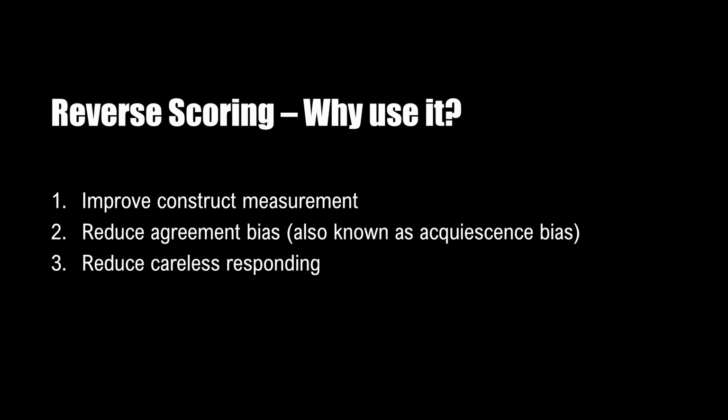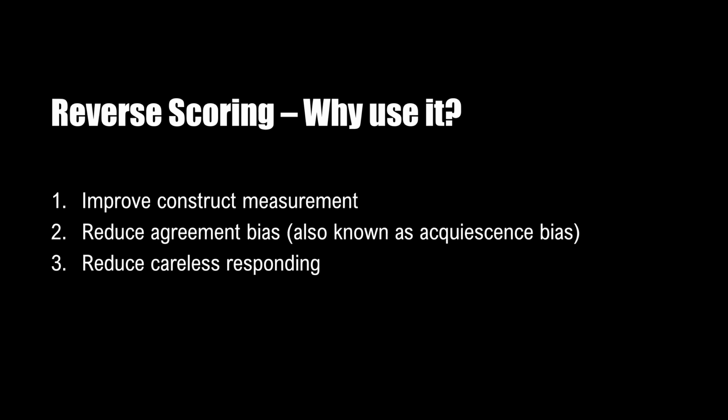It's also called the acquiescence bias, but basically it's this tendency of survey responders to agree with statements. There's a lot of different reasons for that, which I'm not going to get into in this video. And then also it reduces careless responding. So I know some of you shared your surveys with, or will share your surveys with friends who might not really be invested in the survey. And maybe they're not paying as much attention to it.